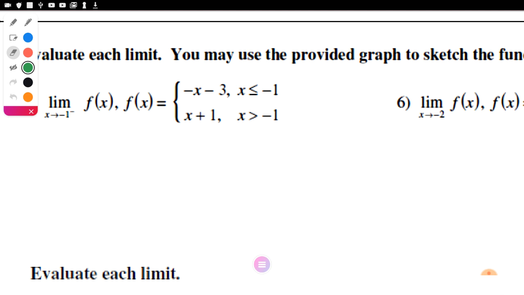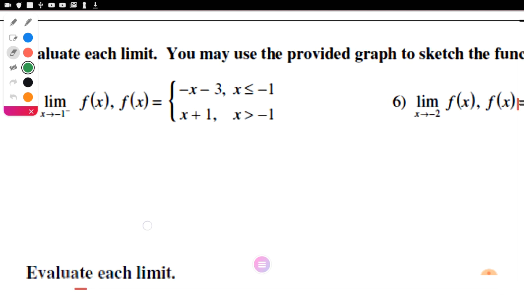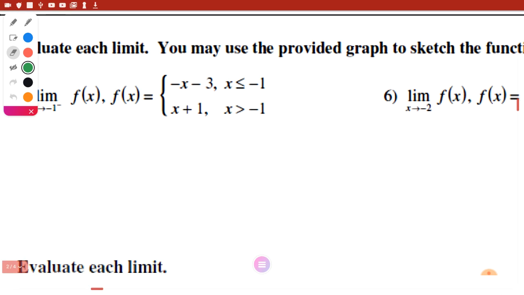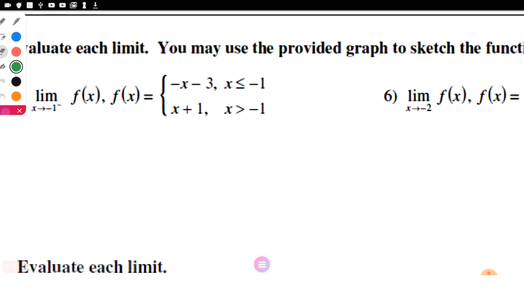But if you ask me to find the limit when x approaches a given value, and you don't ask me to find it from left or from right, it means I have to find both and compare the value from left and from right, because that is the condition that must be satisfied such that the limit of the function exists. Limit from right equals limit from left, that is the condition, and the function doesn't go to infinity.